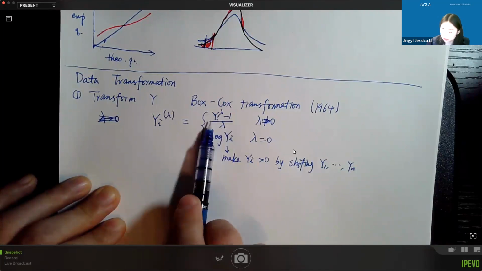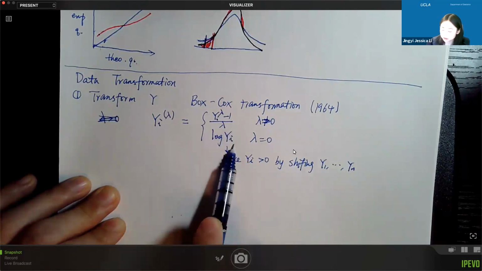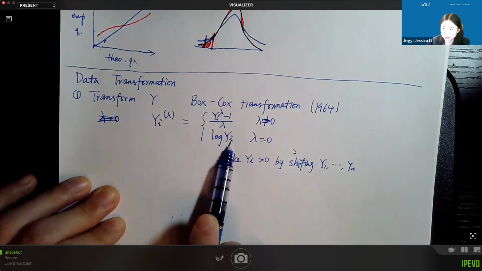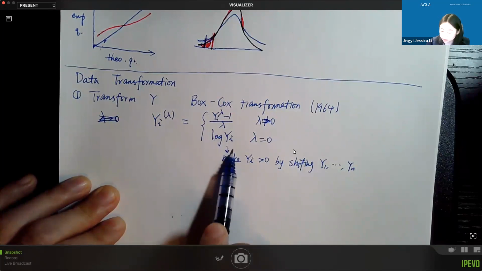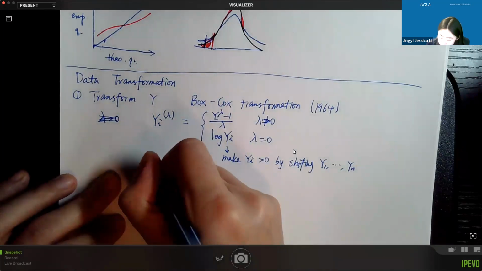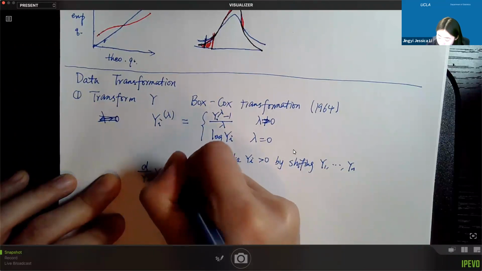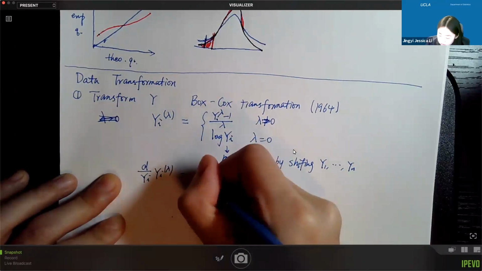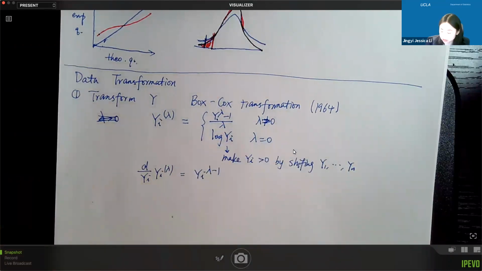So the derivative will be y_i to the power lambda minus 1. The same holds for log y_i: if you take the derivative, it becomes 1 over y_i, which is y_i to the power negative 1. So in other words, the derivative of the transformation with respect to y_i is always y_i to the power lambda minus 1. I think that's why they derived this form for the transformation.